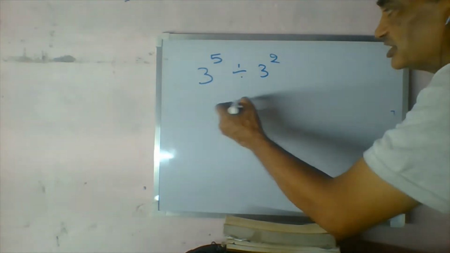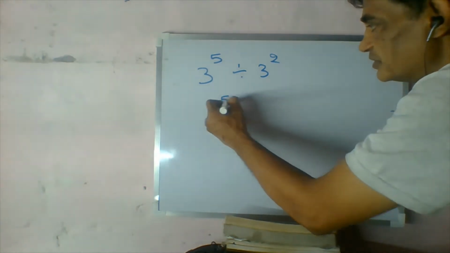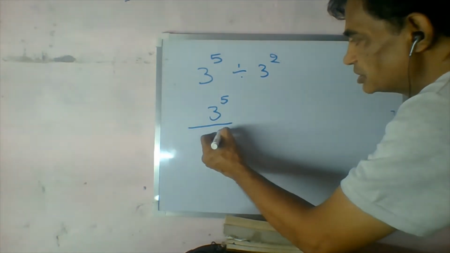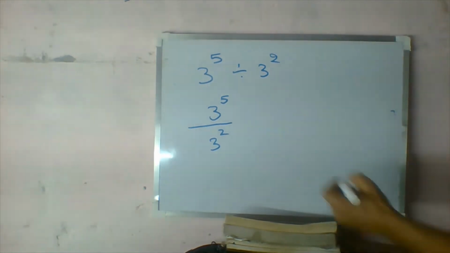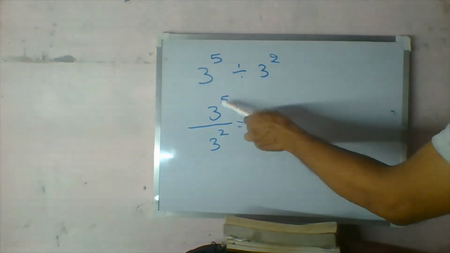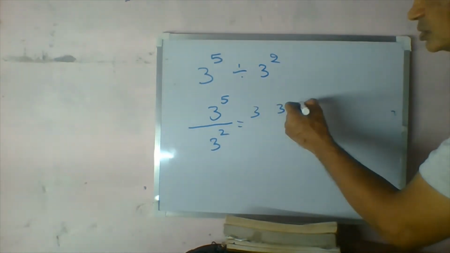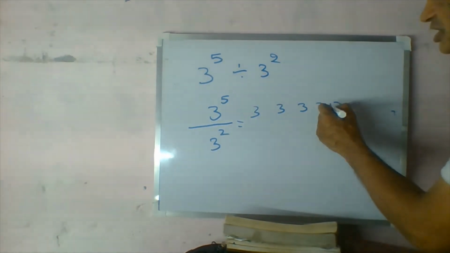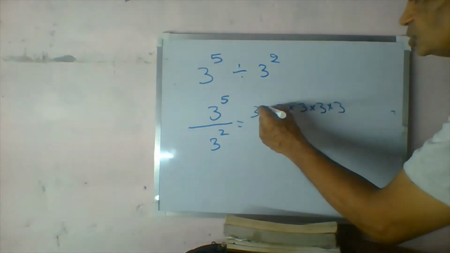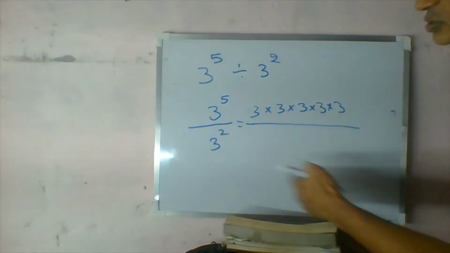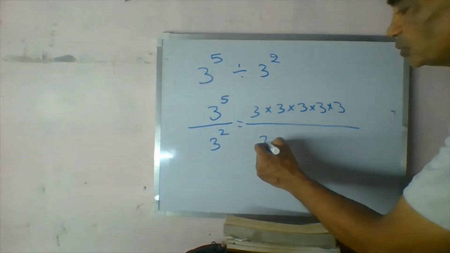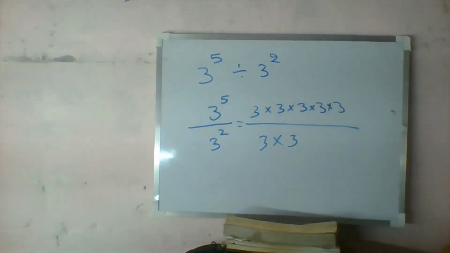Obviously, we can write it as 3 raised to power 5 divided by 3 raised to power 2. And by notation, we know that 3 raised to power 5 is actually 5 threes, 1, 2, 3, 4, 5 threes multiplied together. 3 raised to power 2 means 2 threes multiplied.